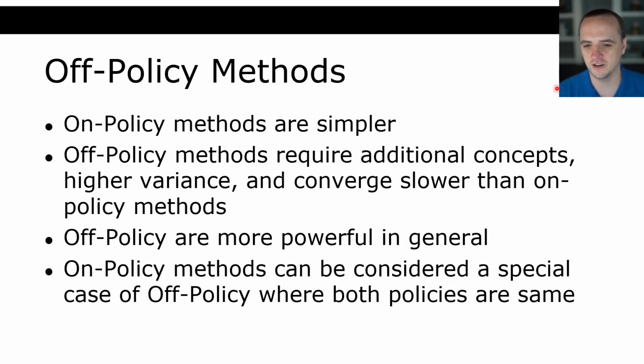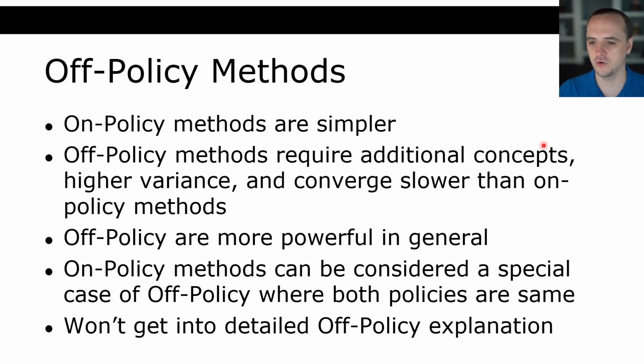On-policy methods can be considered a special case of off-policy methods where the policies just happen to be the same, okay? And we're not going to go too detailed into off-policy explanation, but I will give an off-policy algorithm that you will be actually implementing in assignment 5. All right, so that's on-policy versus off-policy methods.